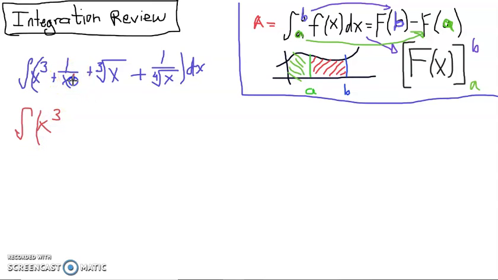This one is a 4, but it's in the denominator, so we can write that as x to the negative 4th. This one, remember what it would do to a power. Let's say if this was x cubed, the cube root would make this into just x to the 1. So what it's doing is dividing the power by 3. So really this is x to the 1/3. And then this one is the same except with a 4 in the denominator. So it's x to the negative 1/4.